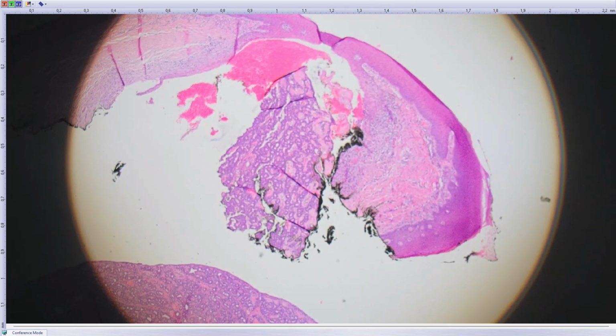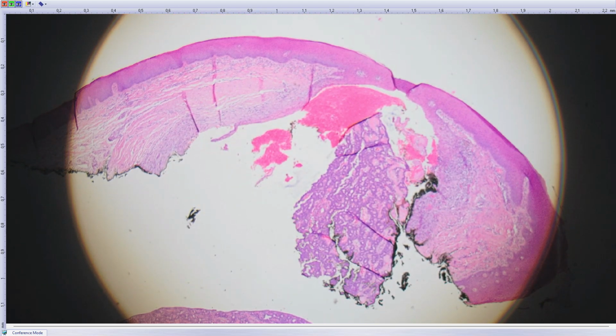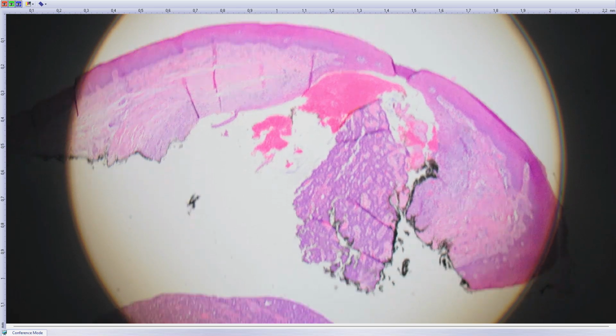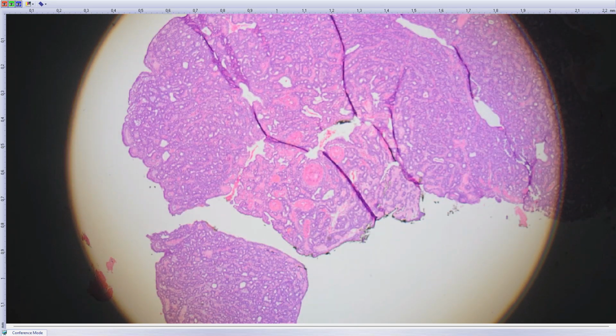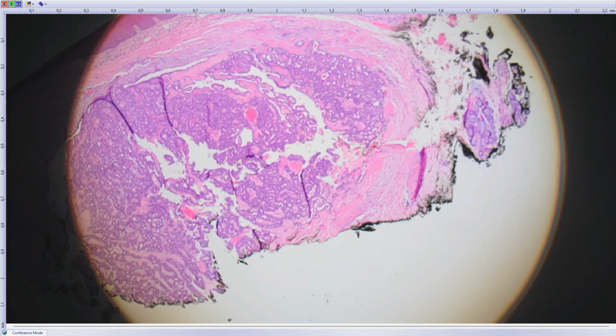So you can see that the epithelium on the surface is not dysplastic and it's not even infiltrated. The tumor was removed in fragments, but still you can't see very well any invasive growth pattern or something like that.